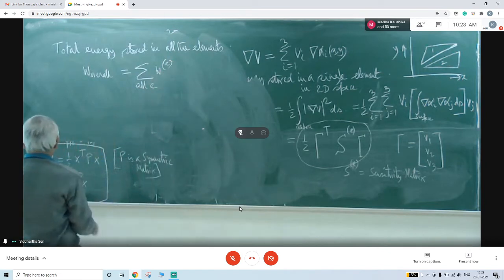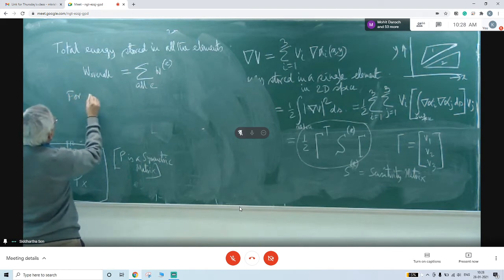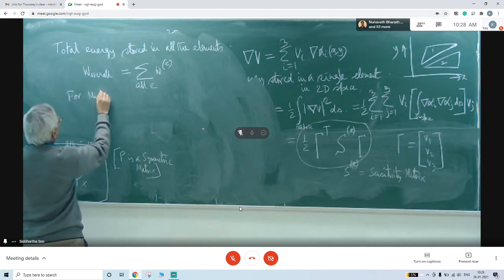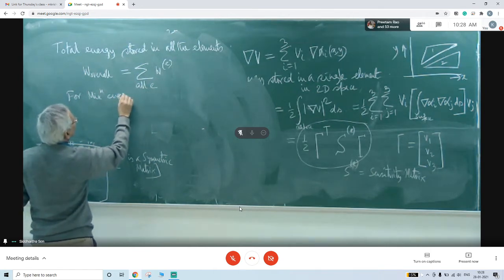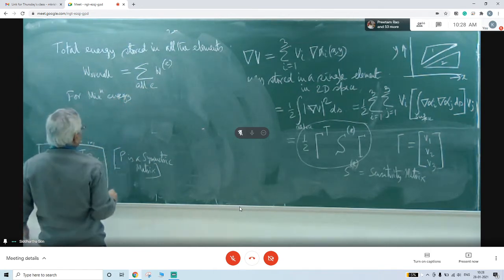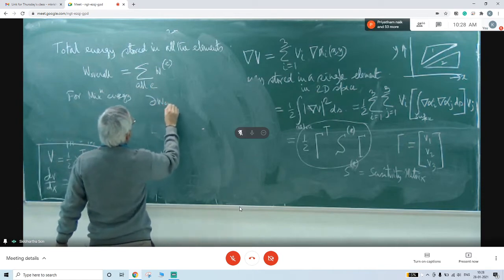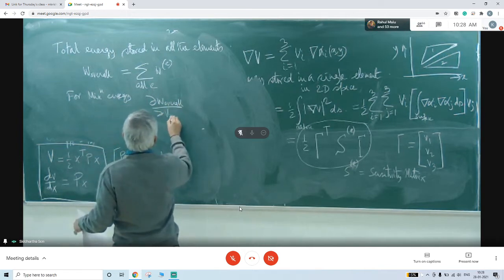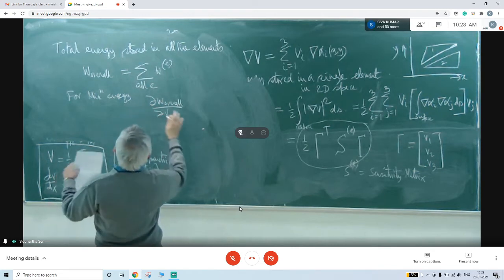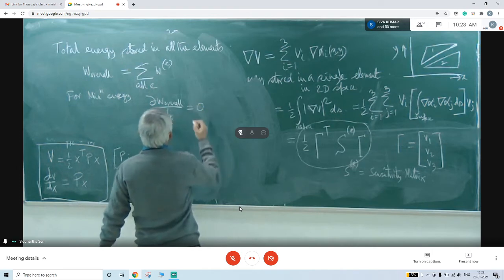And so for minimum energy principle, basically del W overall by del V, for all, if there are overall k number of elements there, that should be equal to 0.